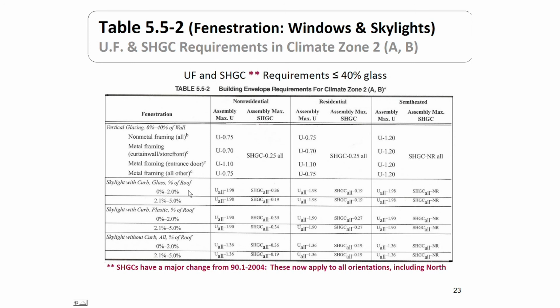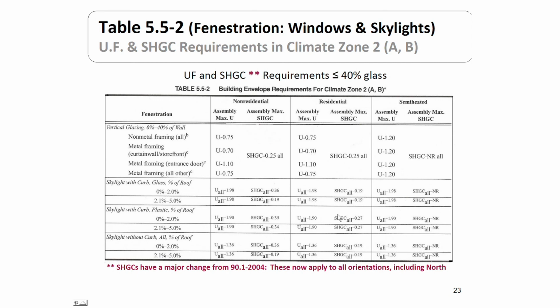They have different requirements if you're only using up to 2% skylight area, and a more restrictive requirement if it's between 2 and 5%. 5% is always the total maximum coverage of the roof that you're allowed to have. So the variations in U factor requirements are based on whether the skylight has a curb or whether it does not, whether it's plastic or whether it's glass. Again, this is just like the opaque section. Different numbers are restricted for non-residential, residential, and semi-heated.